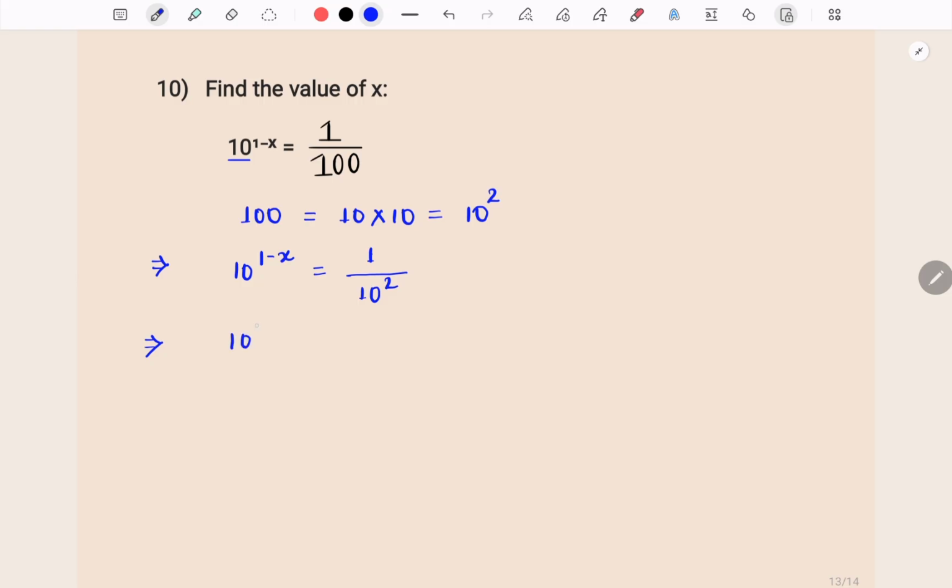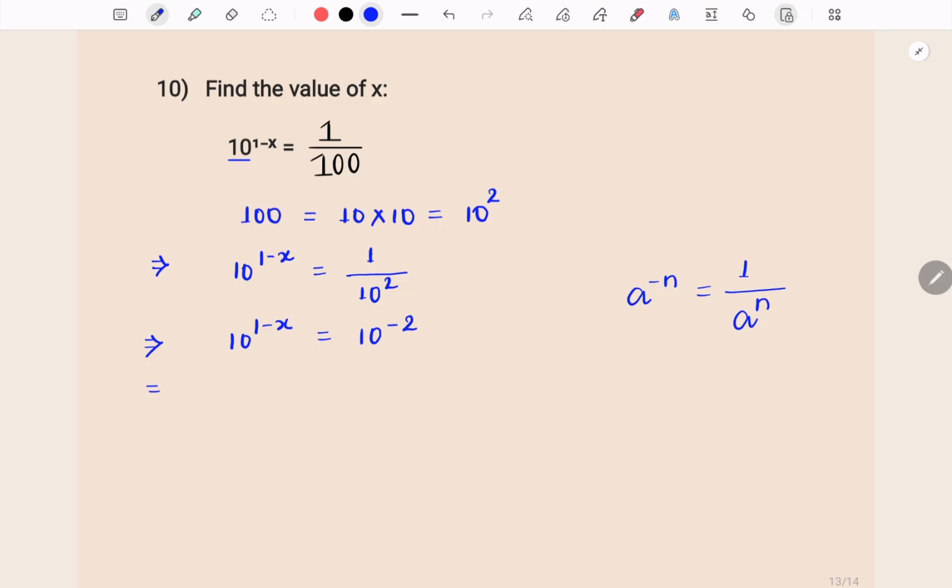In the next step we have 1 over 10 raised to the power 2, and from the concept of negative indices it can be simply written as 10 raised to the power negative 2. From the laws of negative indices, we already know that a raised to the power negative n is 1 over a raised to the power n.